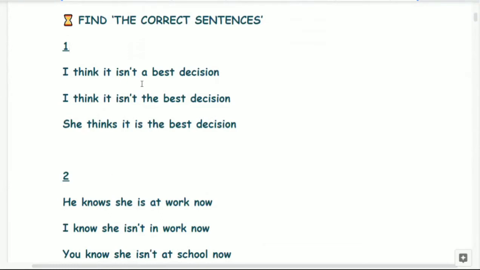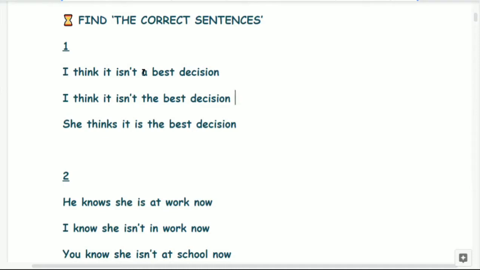I think it isn't a best decision. I think it isn't the best decision, and she thinks it is the best decision. Which one is correct, or which one isn't correct? The first one, I think it isn't a best decision, is incorrect because we use the with best.